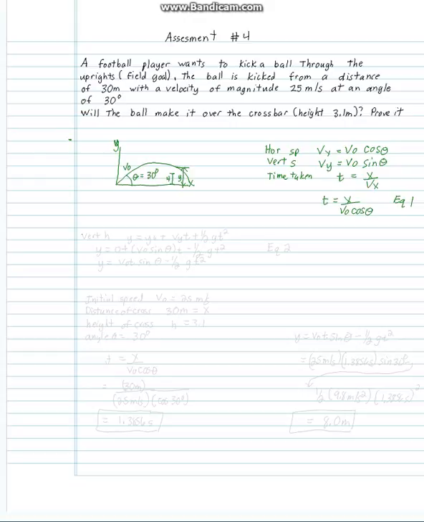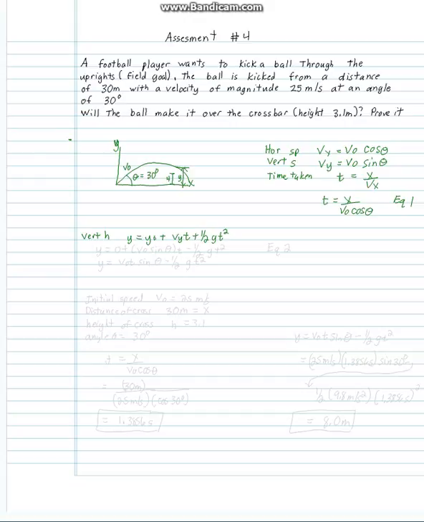The vertical height after time t is figured out by y equals y of 0 plus velocity y times t plus 1/2 gravity times t squared.